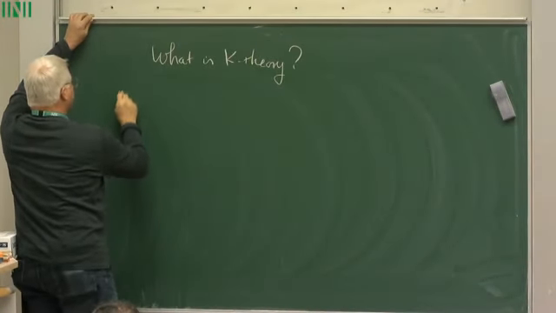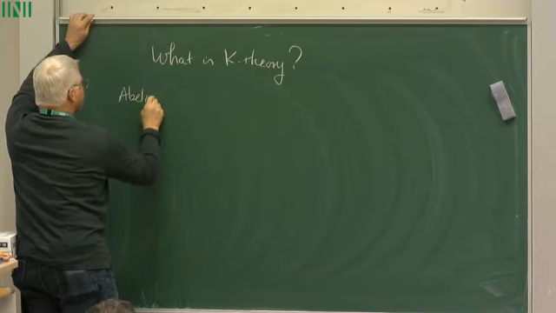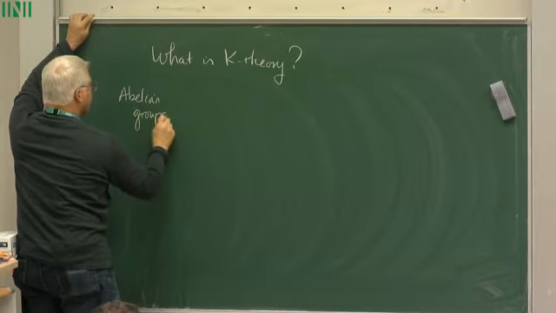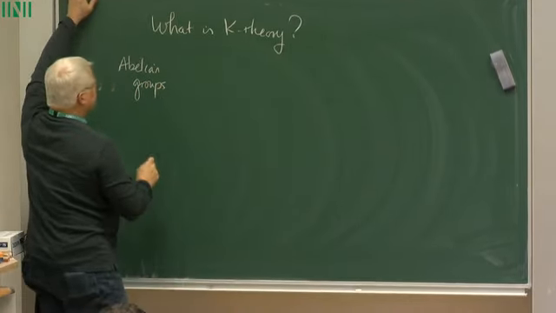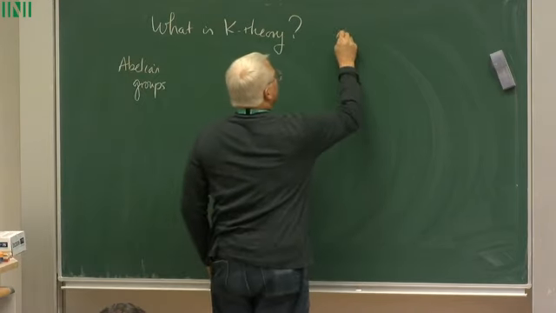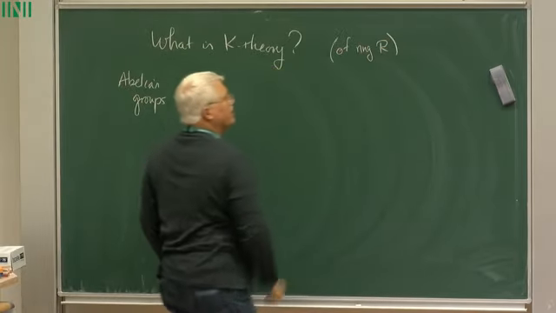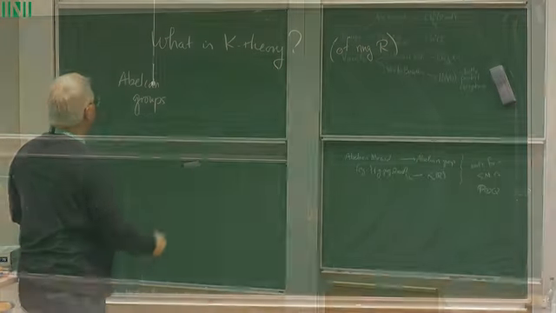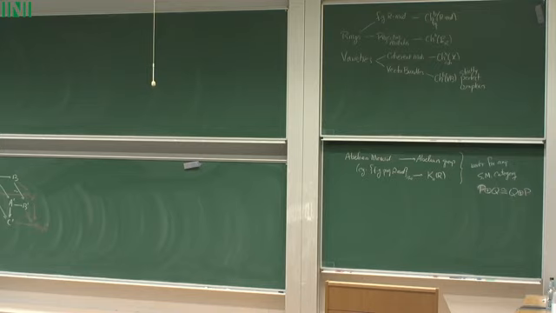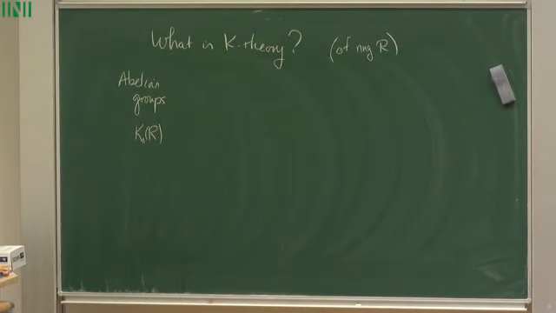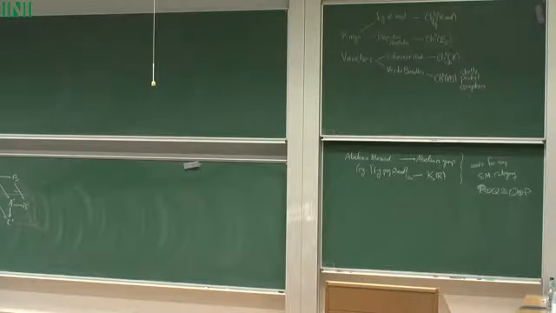So let's say of a ring R, for the sake of picking one of those examples. So here you would take K0 of R. And I think I did K0 of R somewhere over there.